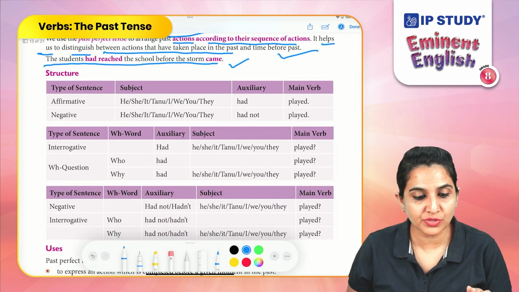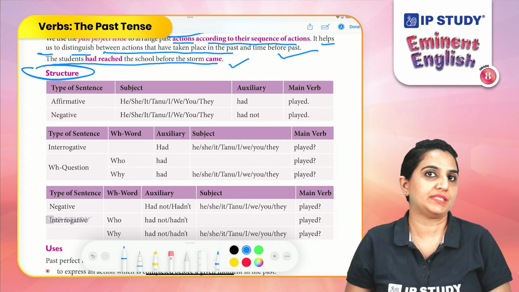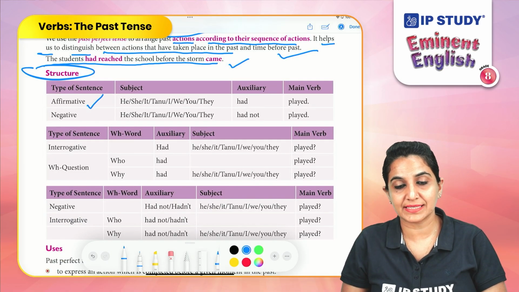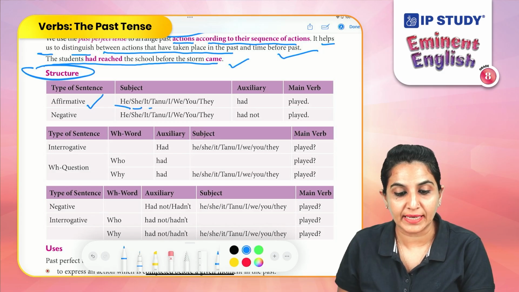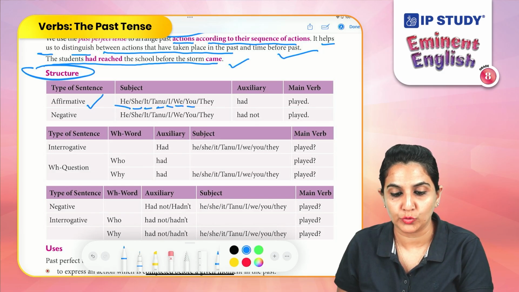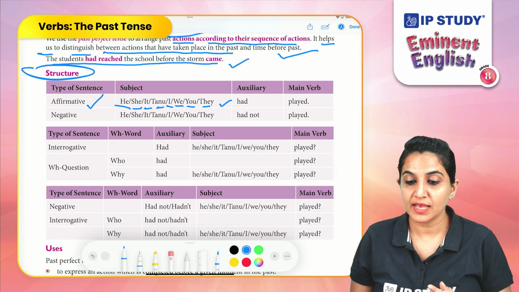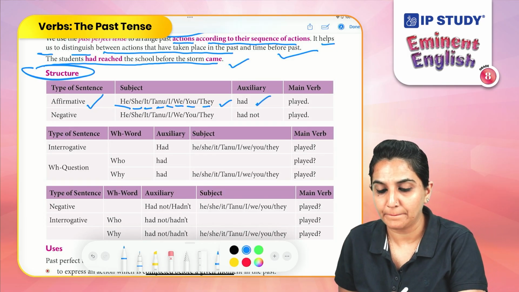Now, how do you structure these kind of sentences? With affirmative sentences and with the subjects such as he, she, it, Tanu, I, we, you, they, that means with the first person, with the second person, with plurals, we simply use had, played.